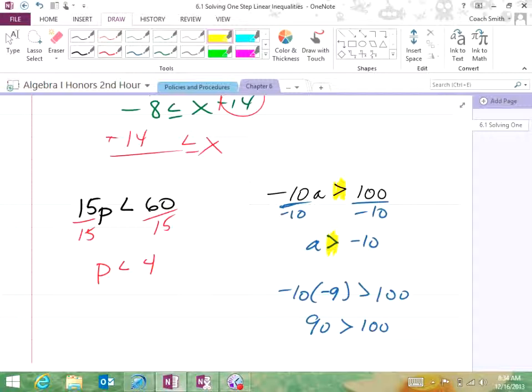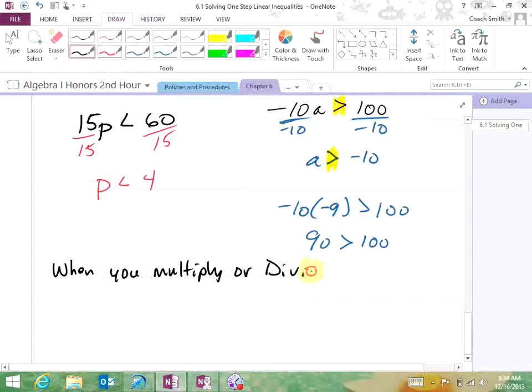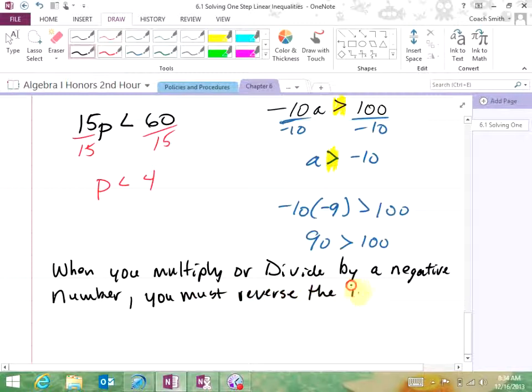There you go. When you multiply or divide by a negative number, you must reverse the inequality sign.